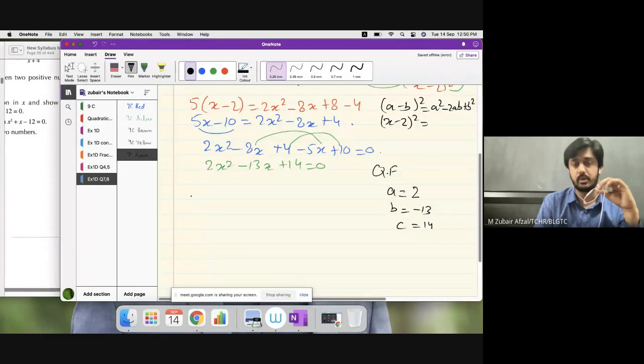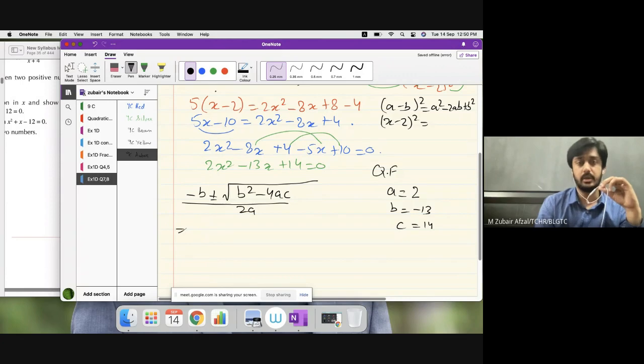So using the quadratic formula, minus B plus minus square root of B square minus 4AC over 2A. Now plug in the values: minus B plus minus square root of B square minus 4 times A, which was 2, C is 14, divided by 2A.